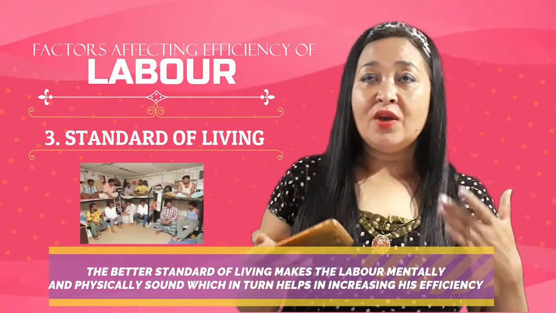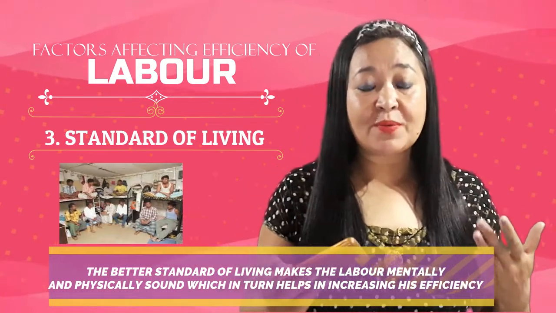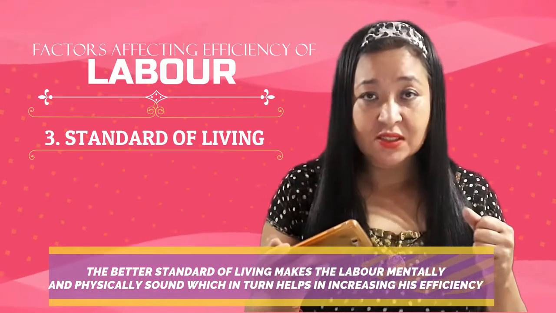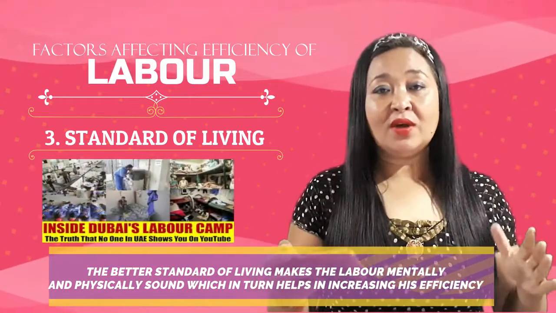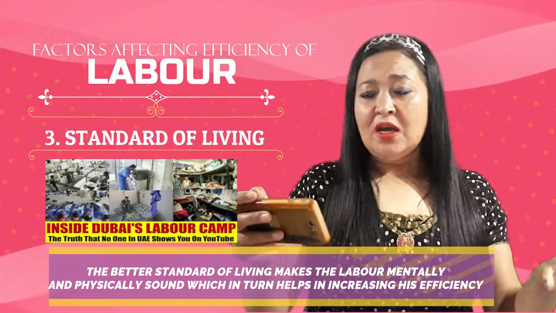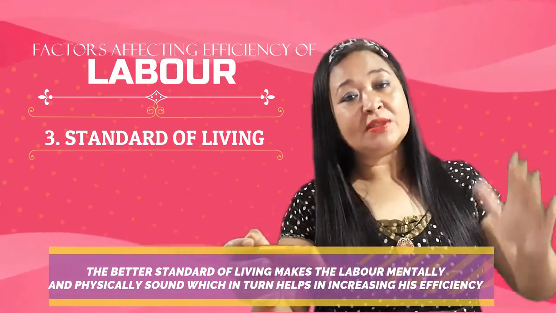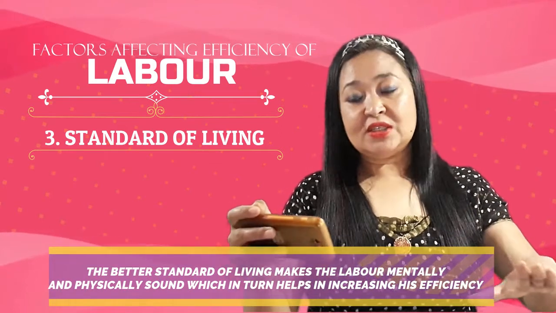If you have a better lifestyle, or a better living standard, then what happens? Physically also you'll be very fit, isn't it? And mentally also you'll be very secure and sound. Which in turn helps in increasing the efficiency of labor.